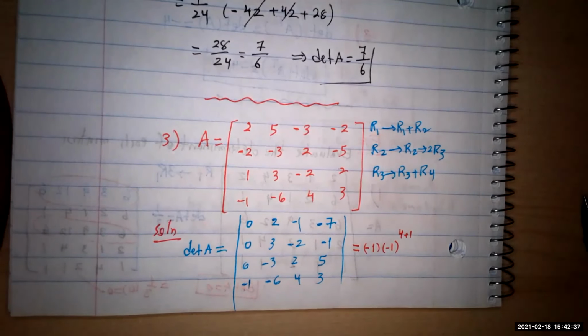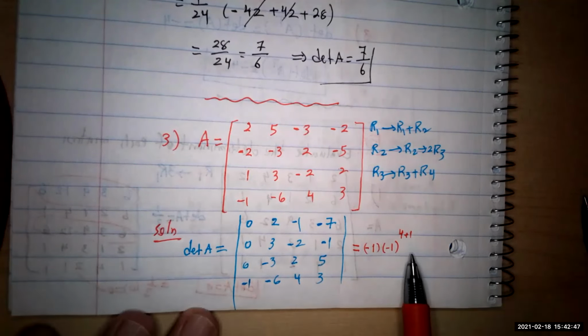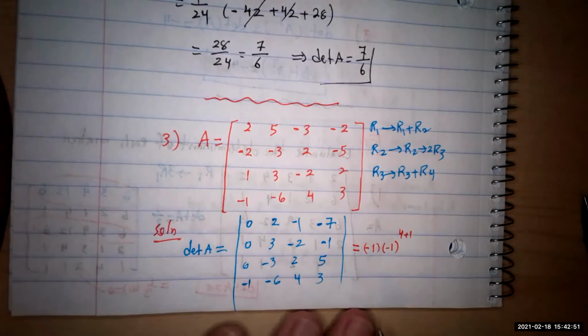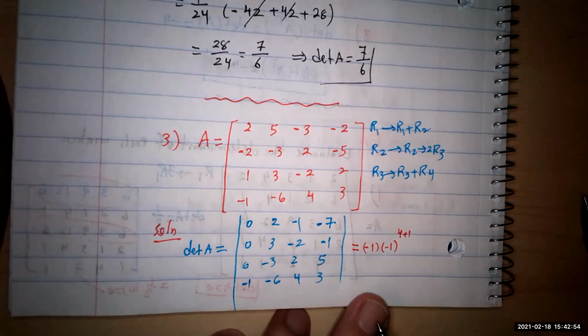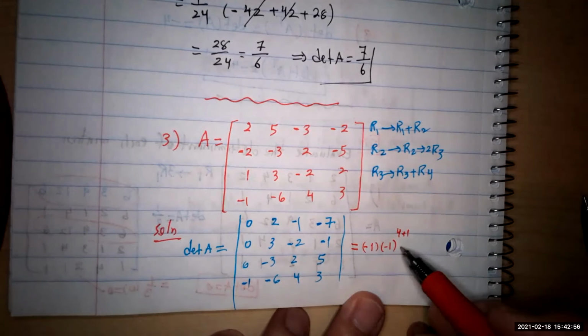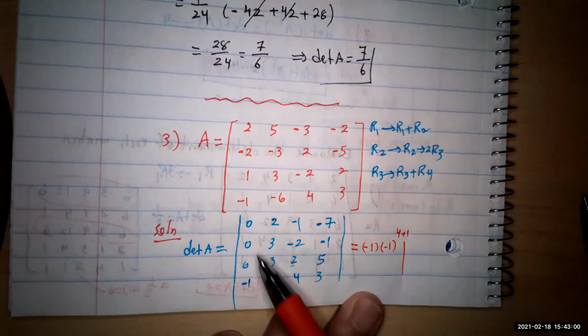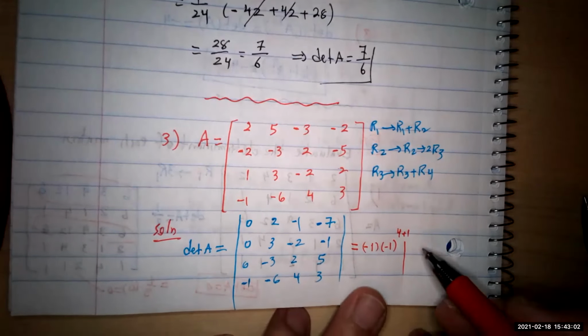Remember that was -1 to the i plus j times Cij. What is Cij? Cij is the matrix resulting from eliminating this row and the column. So the resulting matrix is going to be a 3 by 3 one. Eliminate this row and the column, so what's the result?